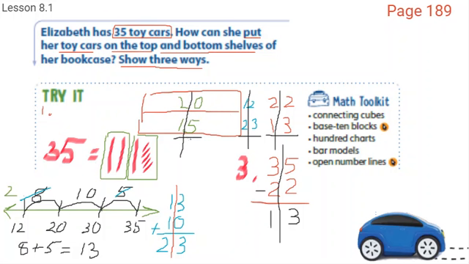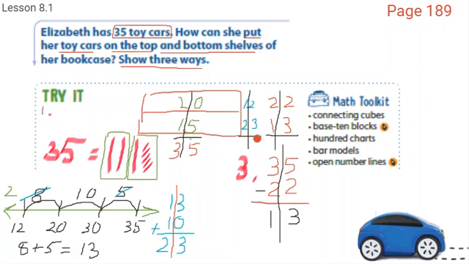So 0 plus 5 is equal to 5. Not cooperating. Let's try that again. It's 5. And 2 plus 1 is 3. There's 35. That's our whole.